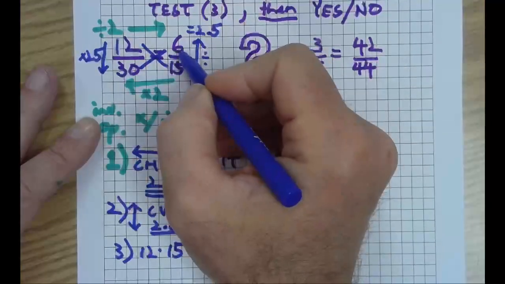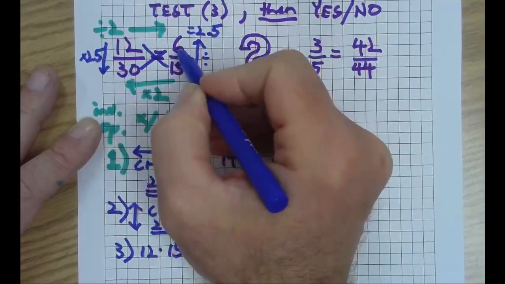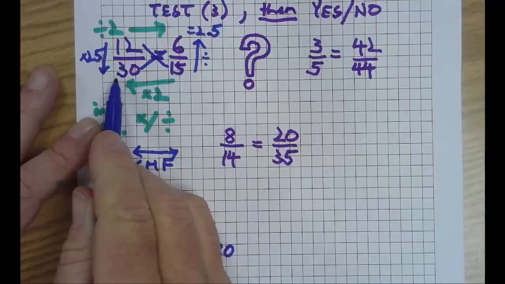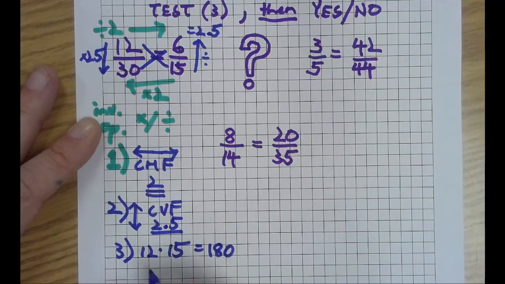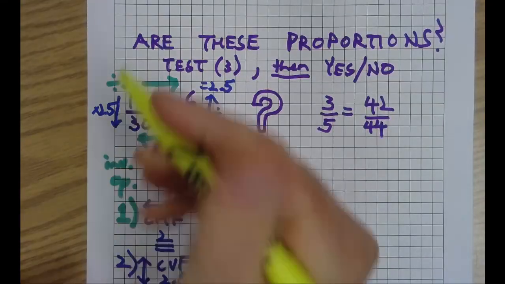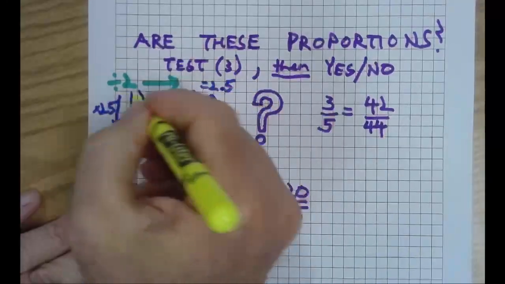And 6 times 3 is what? 6 times 3, 18. And then the 3 actually represented 30. So that means 18, add that 0. Boom. So this one is a yes.